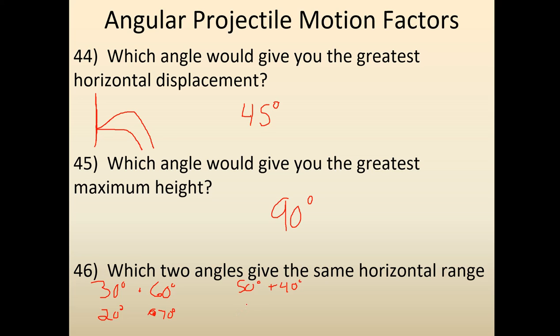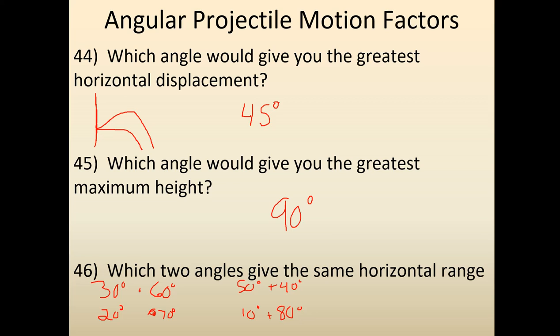As I'm sure you probably figured out, 10 and 80, if the angles add up to 90, they will give the same range. I believe they're called complementary angles, which give you the same horizontal range.